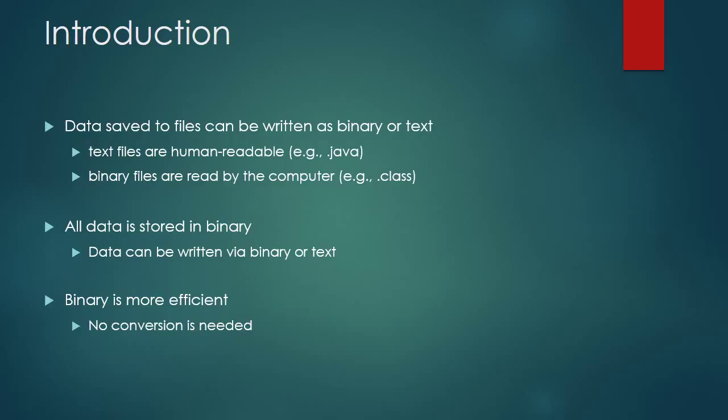So it's really important that you at least be introduced to this, and later on in your matriculation in the CS program, you'll be asked to do more programming activities that involve binary storage and retrieval.